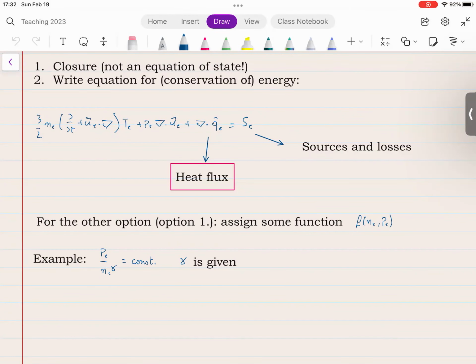That concludes our hand wavy for this last part, but rigorous elsewhere derivation of the equations for the fluid equations for ions and electrons. Again, the energy equation for the ions looks identical, replacing the subscript E with the subscript I.